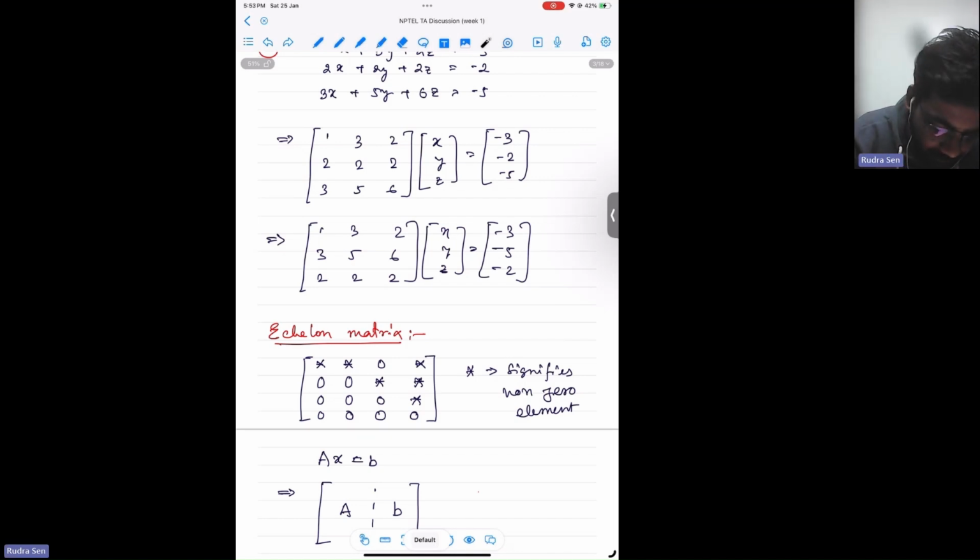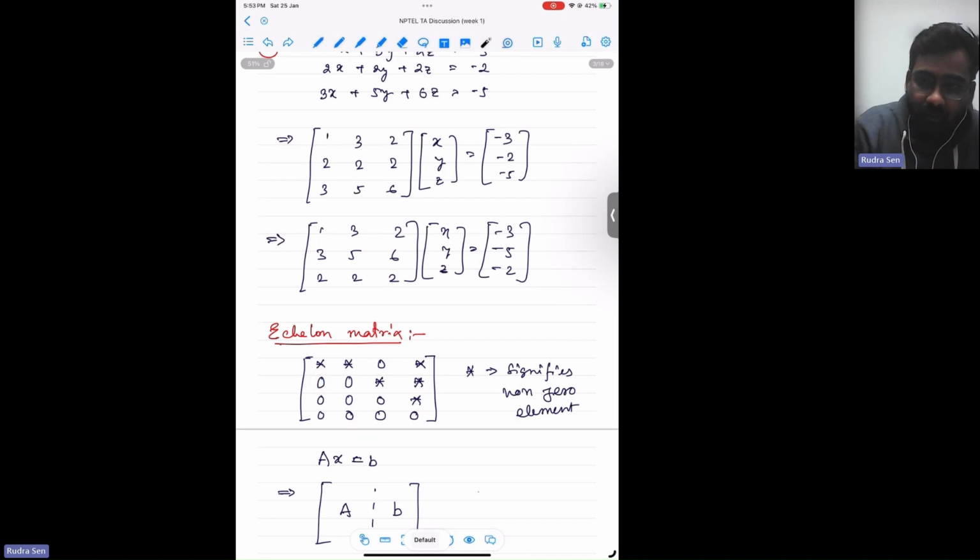Here the star signifies a non-zero element. If I have a matrix with non-zero elements in the first, second and fourth columns, and the third column is zero, then to make it an echelon matrix, in the second row the first non-zero element should start from the second column, not from the first column.